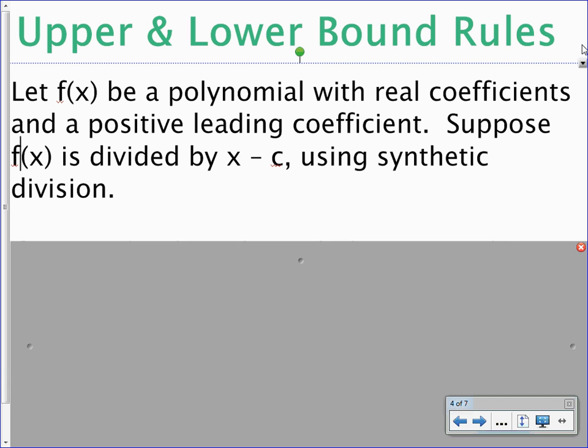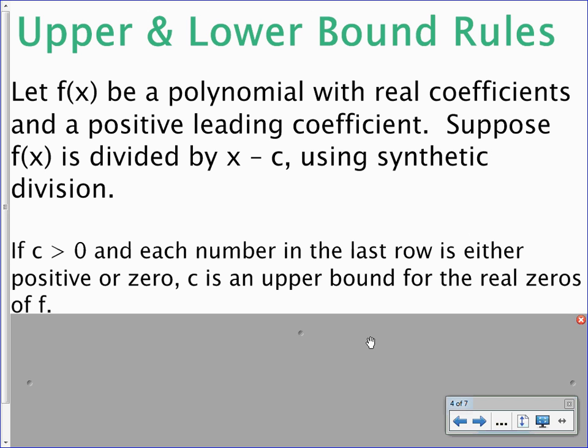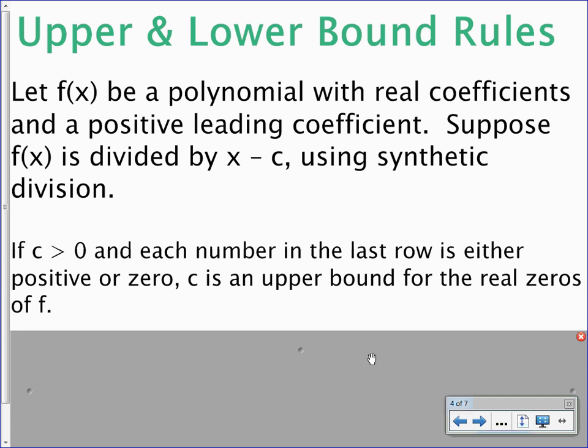So if we take our polynomial and we use synthetic division with x minus c, then if c is positive, and our last row, when we do synthetic division, if they're all positive or zero, then c is an upper bound, which means don't try any zeros above that.